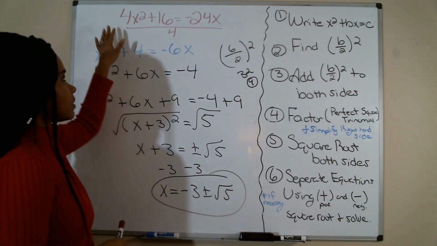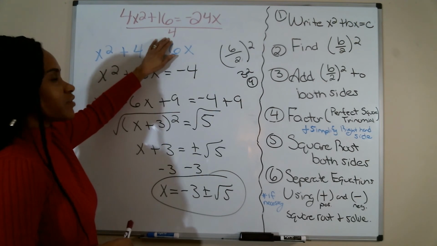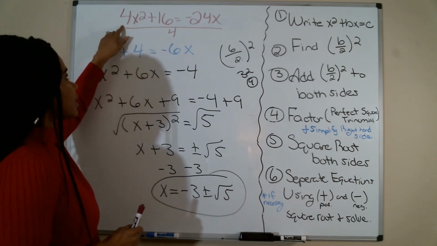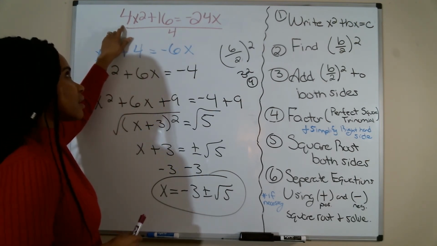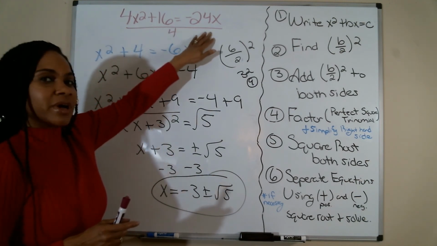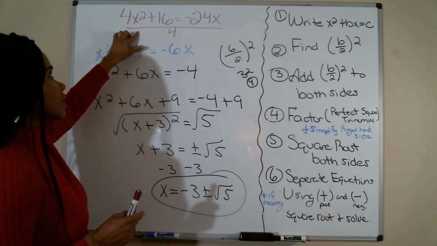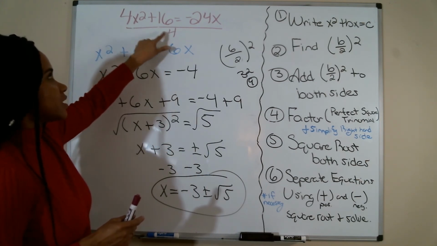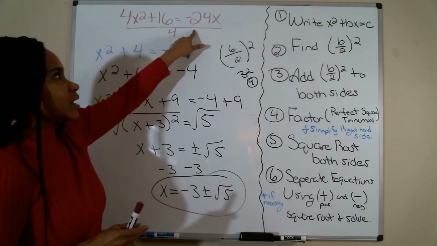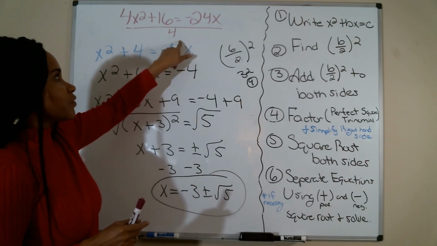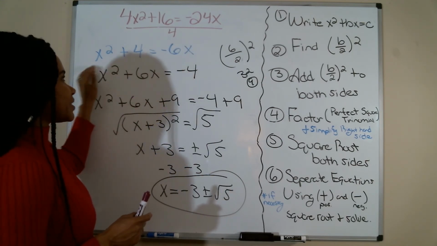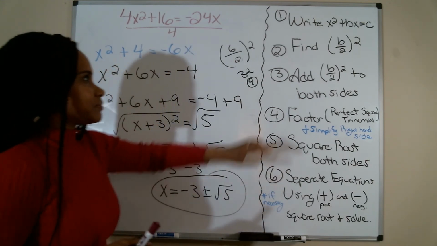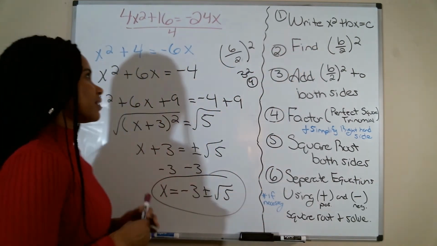So my first step was to divide everything by 4, because my a was not 1. So I divided everything by 4. So 4x squared divided by 4 is x squared. 16 divided by 4 is 4. -24x divided by 4 is -6x. But we still don't have it like we want in step 1.